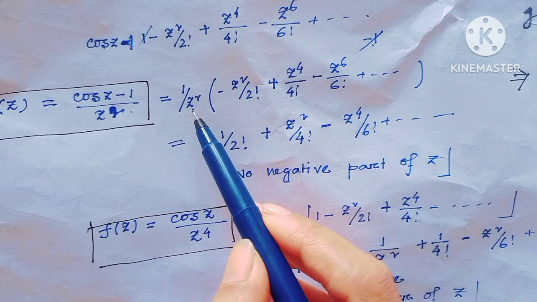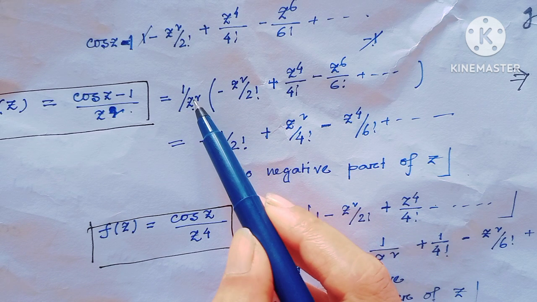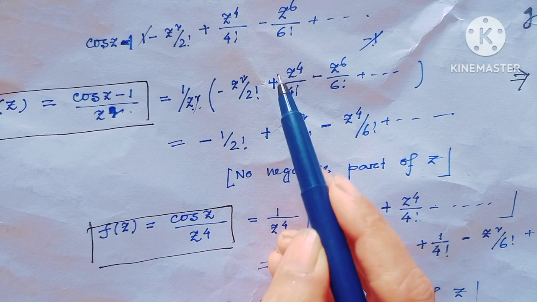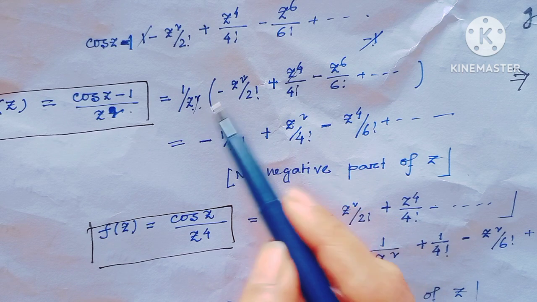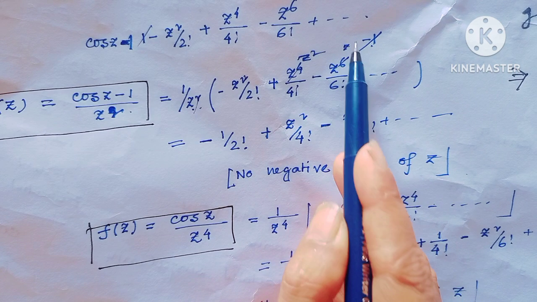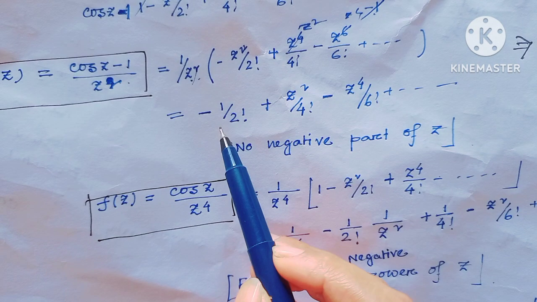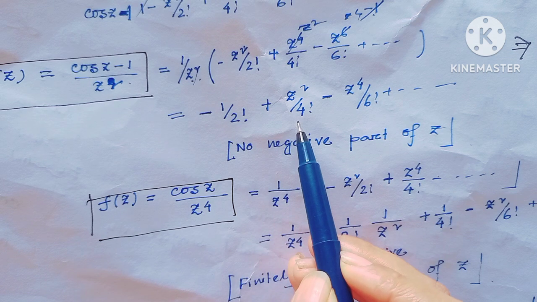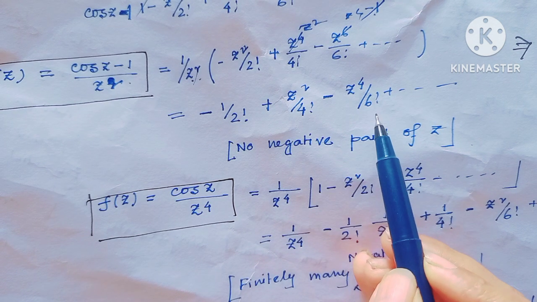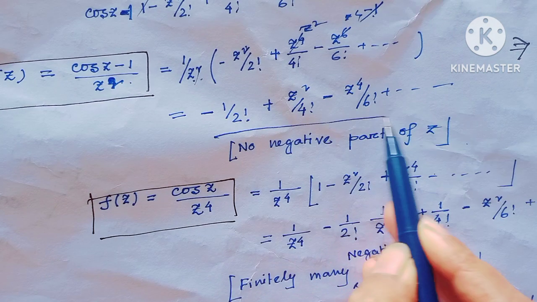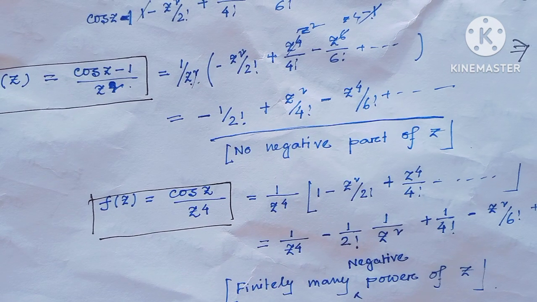Since this is divided by z square, the z square would be cancelled. So the series would be of this type: minus 1 over 2 factorial plus z square over 4 factorial minus z to the power 4 over 6 factorial. Notice here there is no negative part of z.